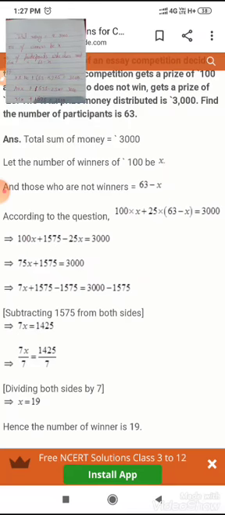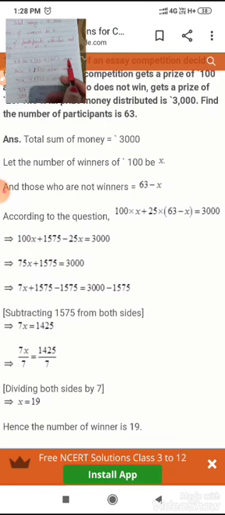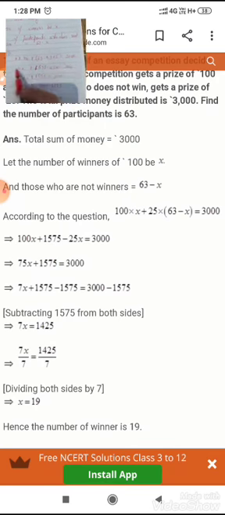To find the participants who do not win, we have to subtract the participants who win from the total number of participants. Then according to the question, winners get a prize of rupees 100, and participants who do not win get a prize of rupees 25. So multiply the number of winners by 100 and the number of non-winners by 25, which is equal to the total money distributed, rupees 3000.